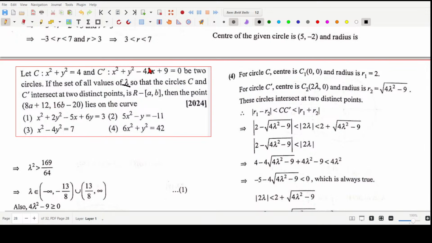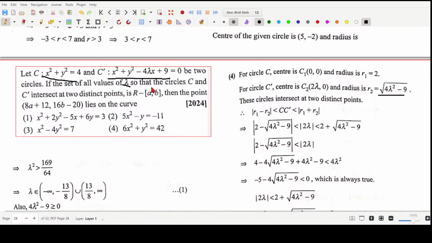As we keep changing this lambda, the center will keep shifting, and the radius will also change. So when center and radius both change, these two circles might not intersect, right? This circle's radius is 2, and this circle's radius is this one, right?